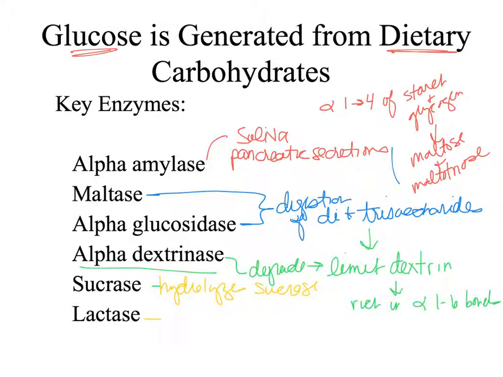And then we have this lactase, which is going to cleave lactose. So a number of different enzymes are going to be key in this process of breaking down dietary carbohydrates into a form that's going to allow us to get to glucose and enter this glycolytic pathway.